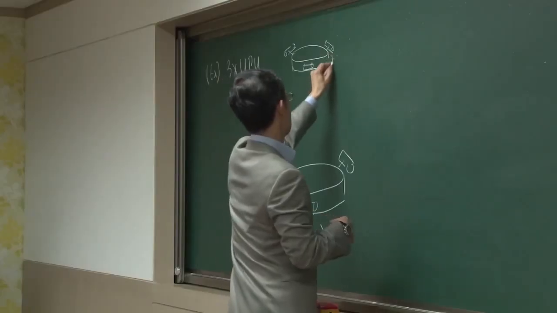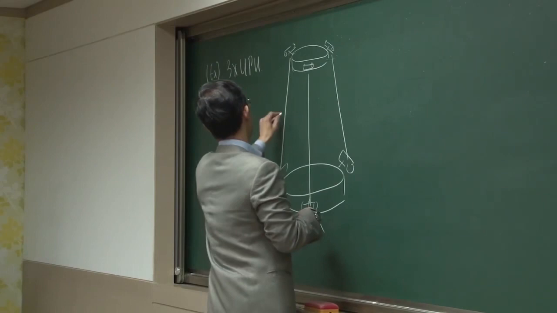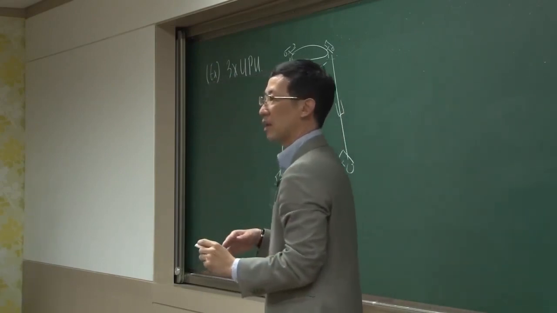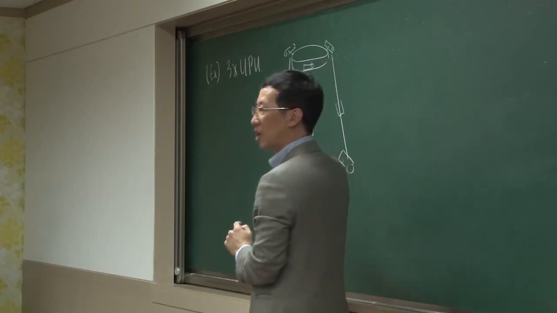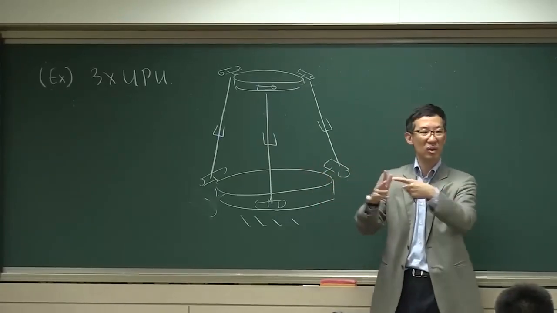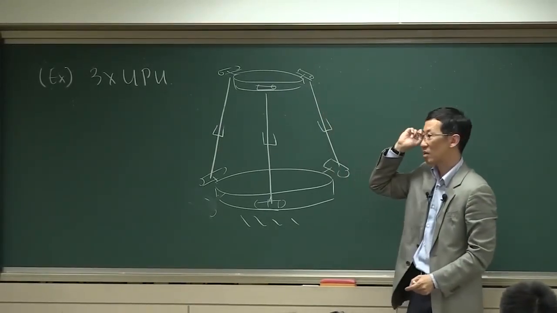So here's what the structure looks like. It consists of three UPU open chains. So here's a U joint, which is really two R joints connected orthogonally, a P joint, and then another U joint. So we have three of these.